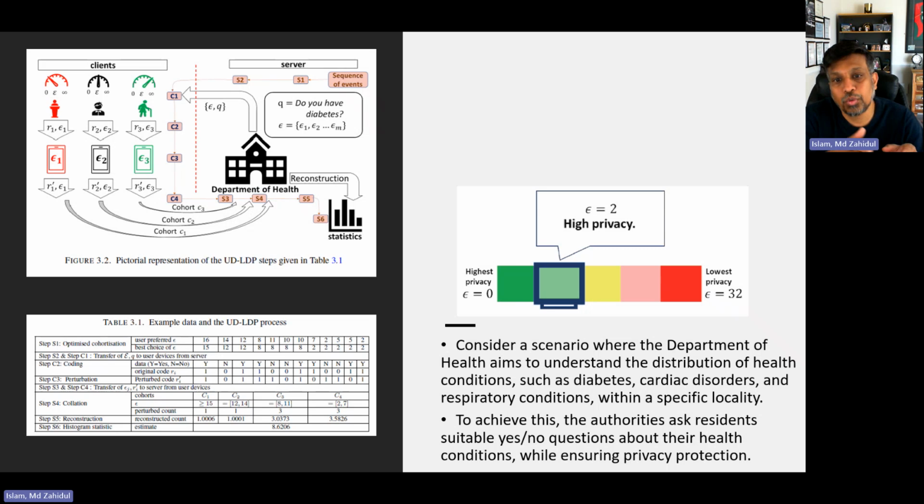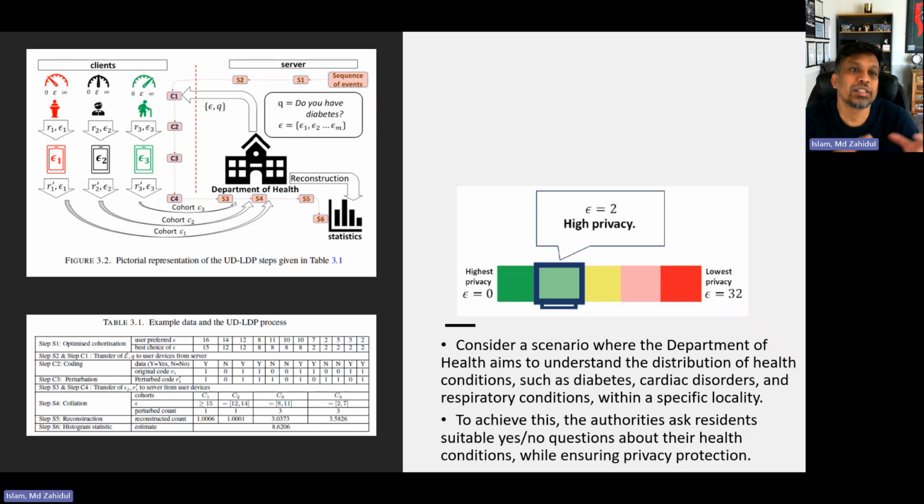They will, of course, have to choose a very low epsilon value so that it can satisfy even the very conservative group of participants who are very sensitive to privacy. So if they are satisfied, then people who are not that sensitive, they will also be satisfied. They will say, I was not that sensitive, but well, you are preserving my privacy that well. Okay, that I don't mind. Okay. But at the cost of quality of data.